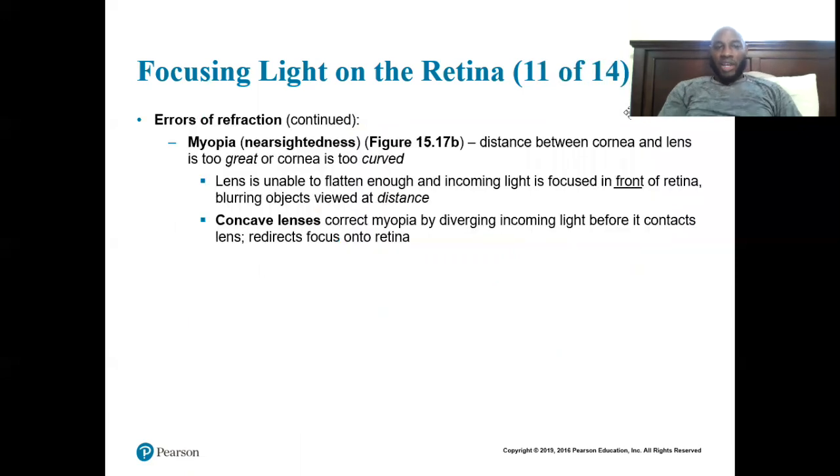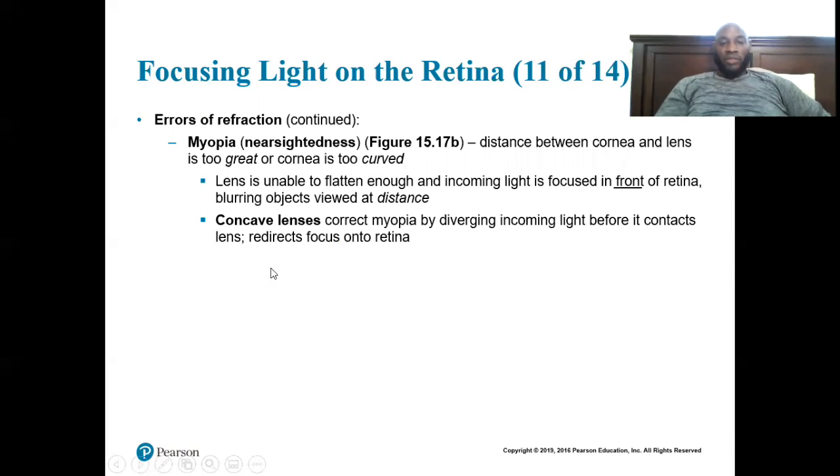Then we also have myopia, nearsightedness. Distance between the cornea and lens is too great, or cornea is too curved, so it focuses in front of the retina. For this person, we'll give them concave lenses, which makes sense. It causes diverging incoming light, corrects that diverging incoming light before it contacts the lens.